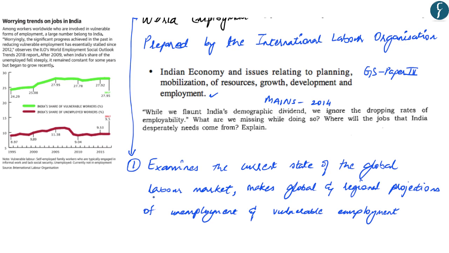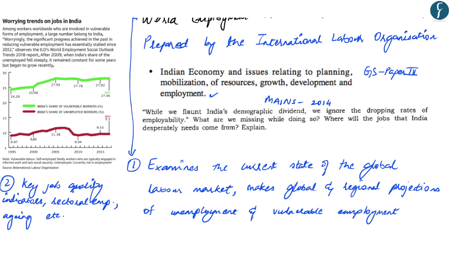And in the 2018 report, it has been said that the vulnerable forms of employment is likely to increase in India in the coming years. Also, this report discusses various other factors as well, such as key job quality indicators, sectoral employment and unemployment, impact of aging on the labor market of a country, and so on. So now we know what are the main things that are discussed in this World Employment Social Outlook report.